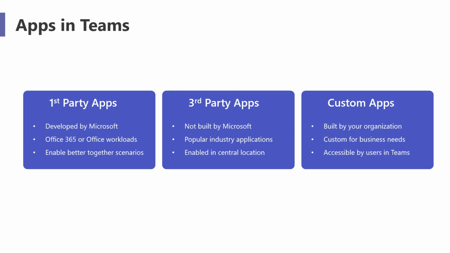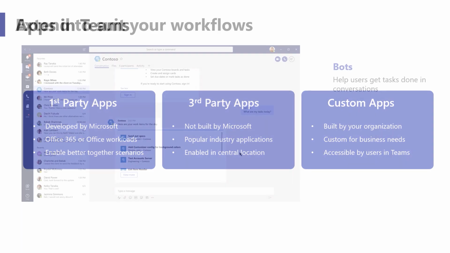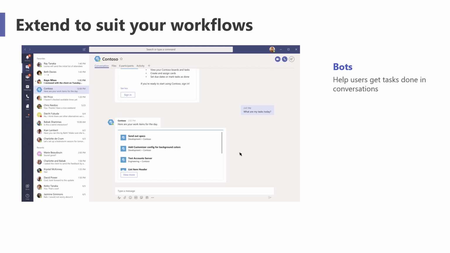One of the things I really want to highlight then are the different capabilities that we see within the Microsoft Teams app ecosystem. So this is really giving you the ability to extend your workflow within Teams to suit whatever it is and the experience that you want to deliver to your users. And so this is exactly when we see an app created for Teams.